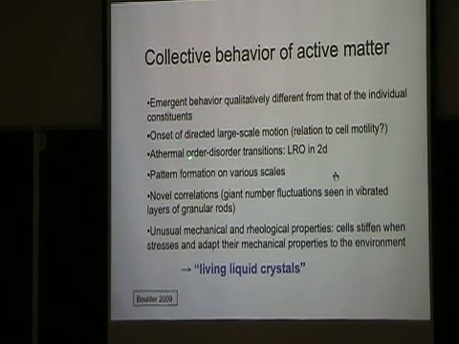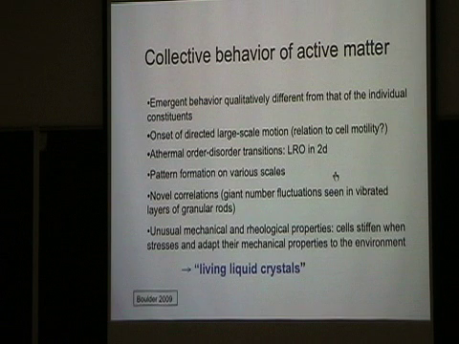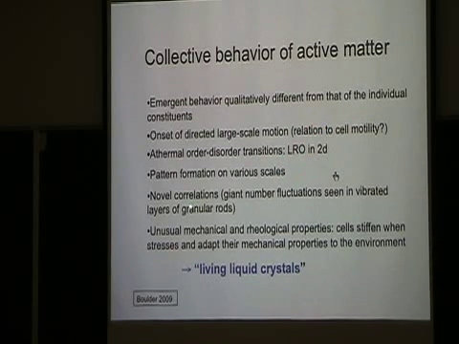There are certainly a lot of order-disorder transitions, transitions from states that are orientationally disordered to states that have some large-scale orientational order, generally not long-range orientational order, including the possibility of quasi-long-range orientational order in 2 dimensions, pattern formation on various scales, new correlations like the giant number fluctuations, and so on.